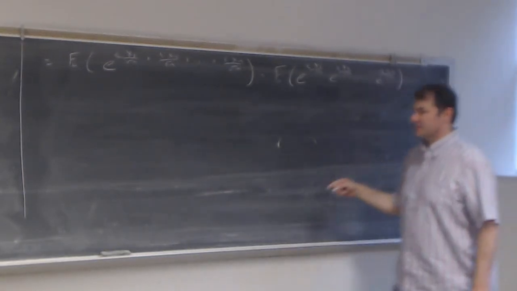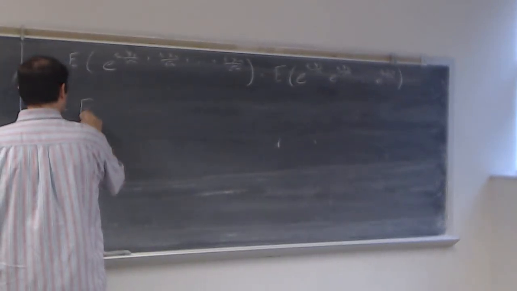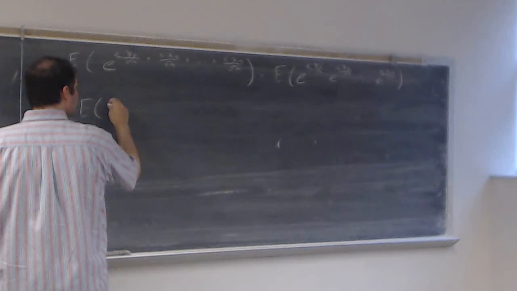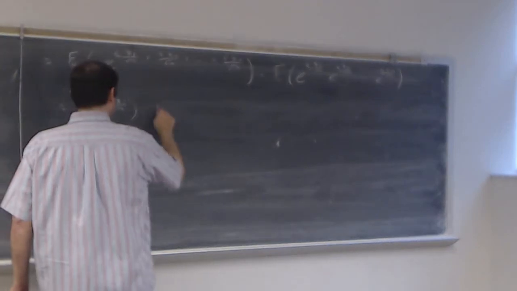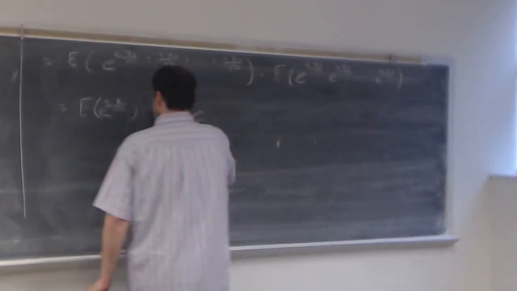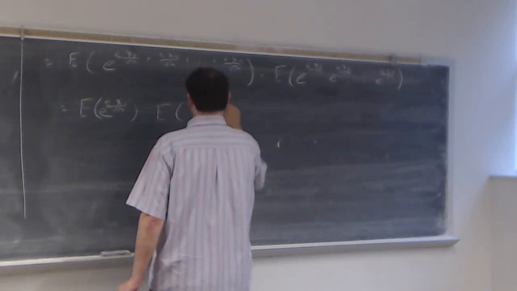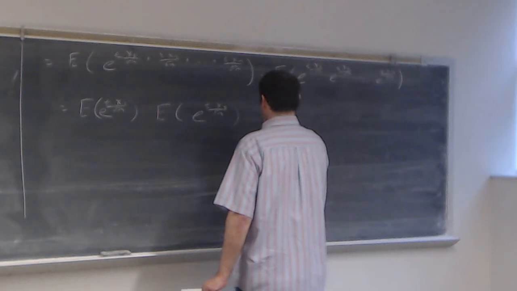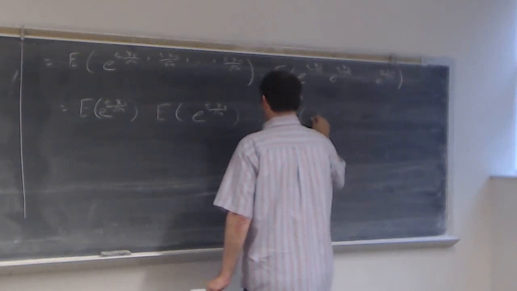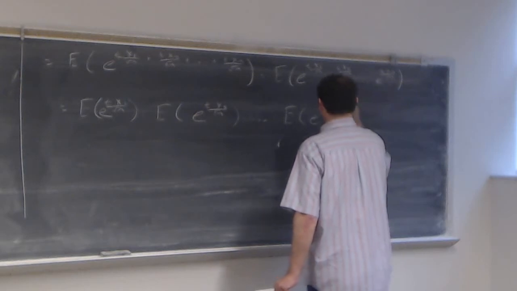Now, due to independence, this is the same thing as the product of the expected values: the expected value of e to the t X1 over the square root of n, times the expected value of e to the t X2 over the square root of n, and we keep going all the way to the expected value of e raised to the t Xn over the square root of n.